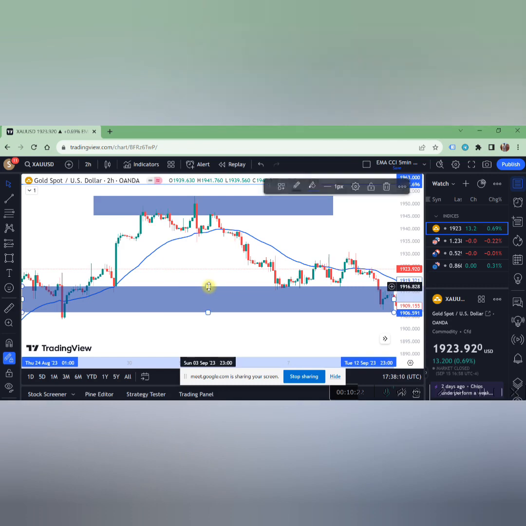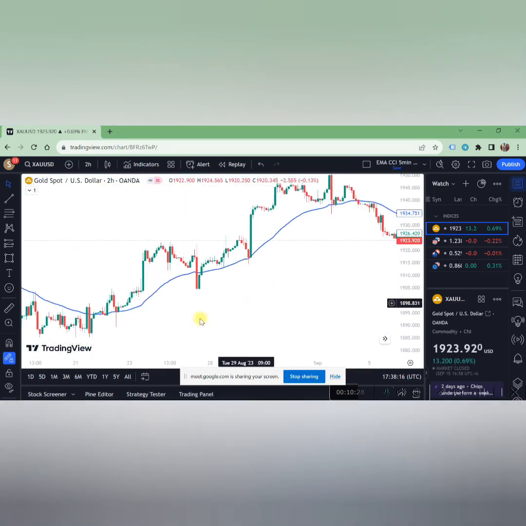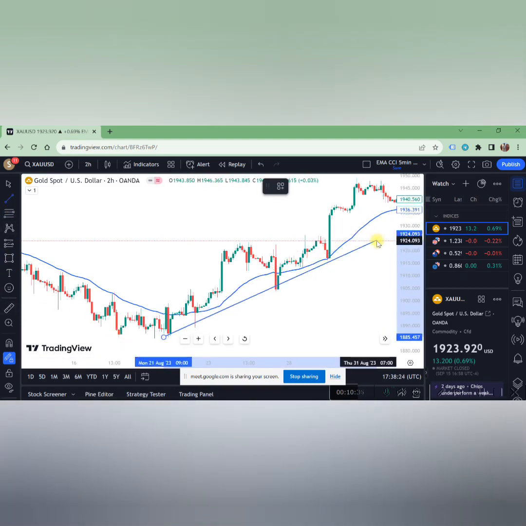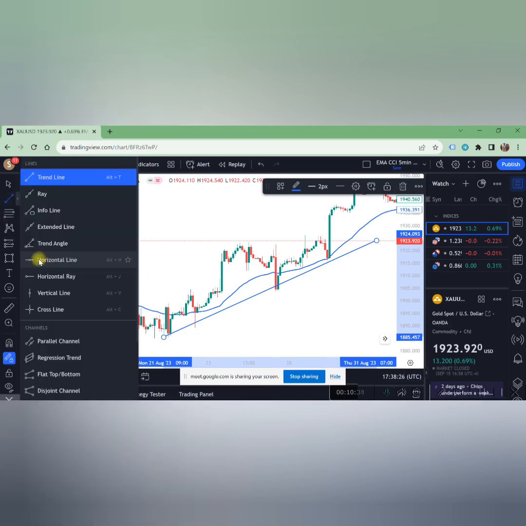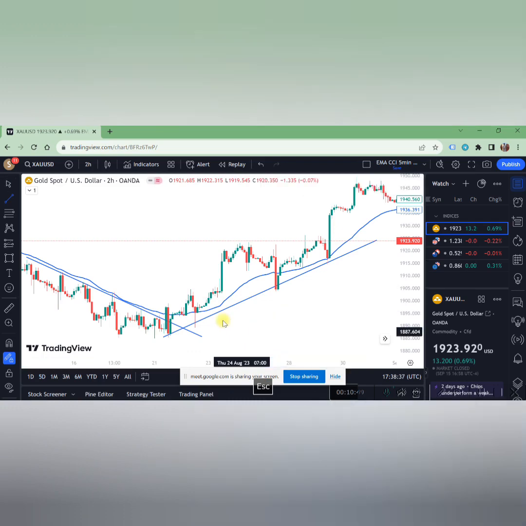Now I'm going to remove all this for a moment because that's not where I'm going. I just wanted to point out those areas. Now you notice that when price is in an uptrend, remember we have three types of trend. Either an uptrend, as in the case of this, or a downtrend, as in the case of this, or a range, as in the case of, let me see if I can find a range quickly.